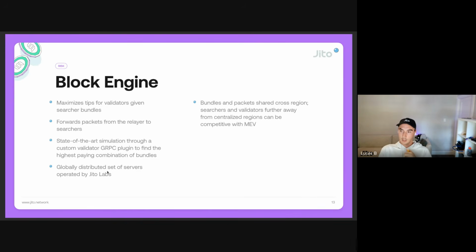We actually have a custom fork of the validator client that we run a gRPC plugin in. It's not Geyser, but it has access to bank forks and proof of history and all that. So we have a pretty good understanding of what's going on with the network, and run pretty custom simulation code in there.